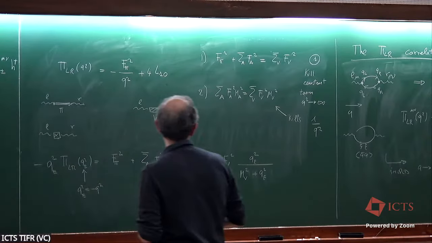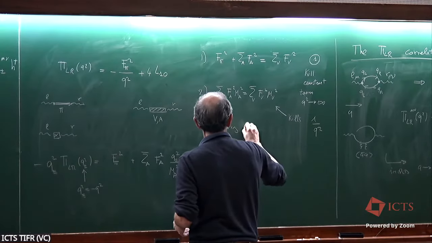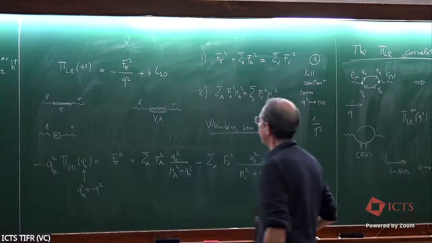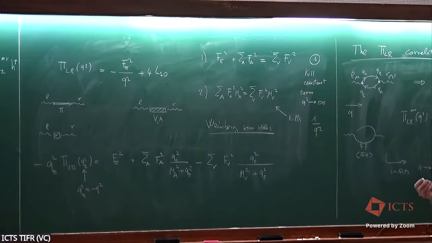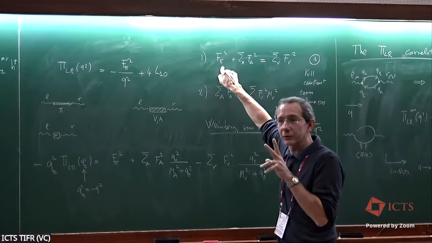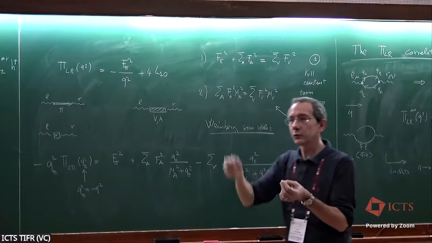So these are called the Weinberg sum rules, and they involve F pi. So you see, it's a really nice way to extrapolate from the chiral limit to QCD.